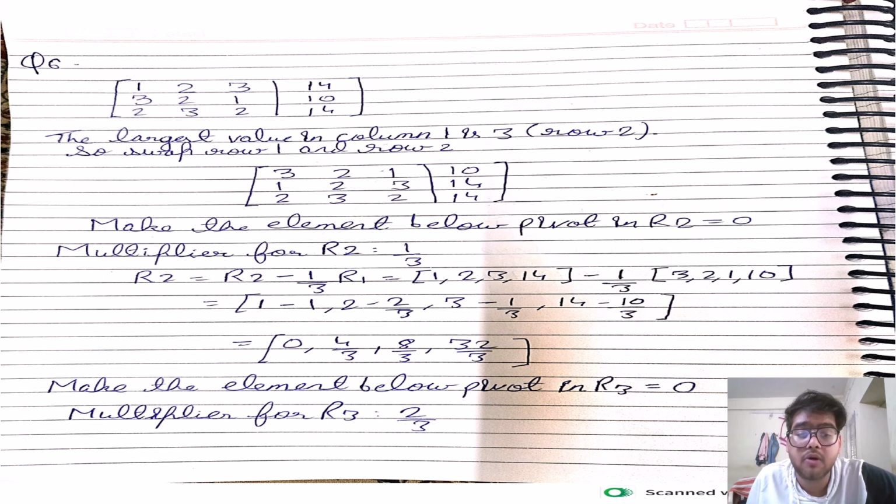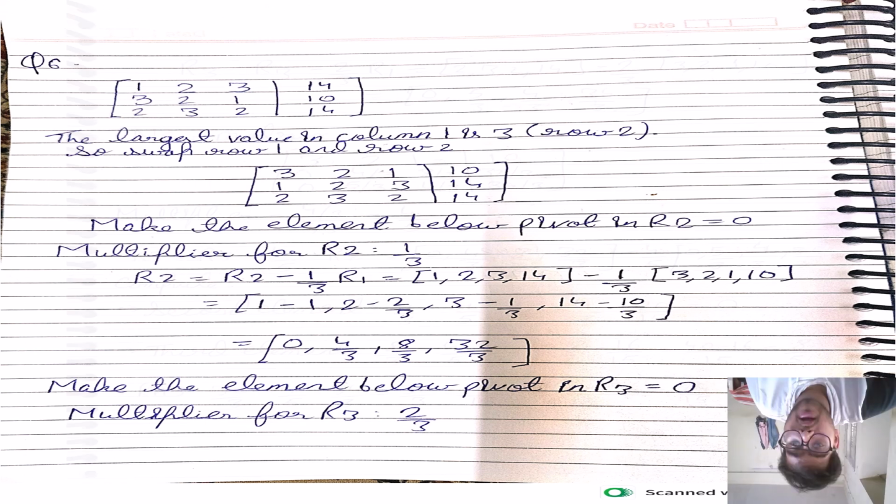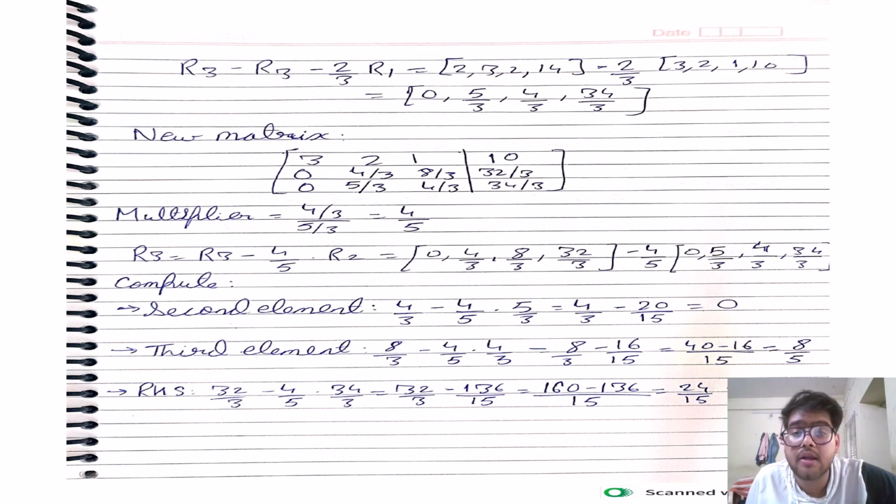Make the element below pivot in R3 equal to 0. So multiplier for R3 will be 2 by 3, and R3 is equal to R3 minus 2 by 3 R1. So again we will make the following calculations, and the new matrix we will get is this one.